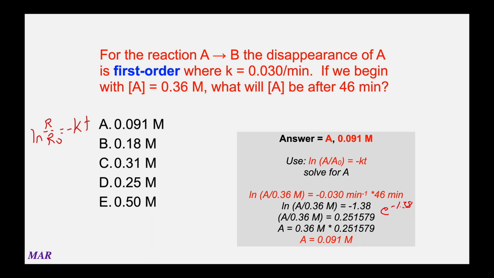That's getting rid of the natural log, using the anti-natural log, usually second function ln on your calculator. So A over 0.36 equals that number, and A equals 0.36 times that number, 0.091 moles per liter.